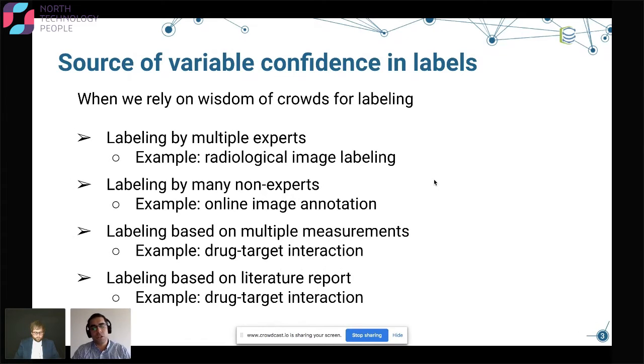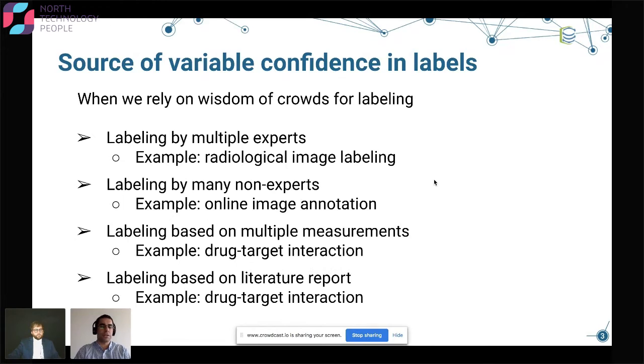For non-expert annotations, we can also have different levels of confidence. In both scenarios, that could have different applications: expert annotation in radiological images, as I said, and non-expert annotation in annotations of cats and dogs images. In all those settings, we care about confidence of the labels and data points in classification settings.